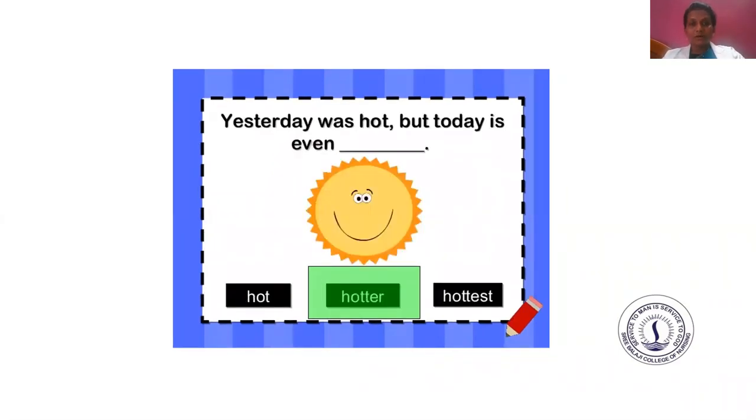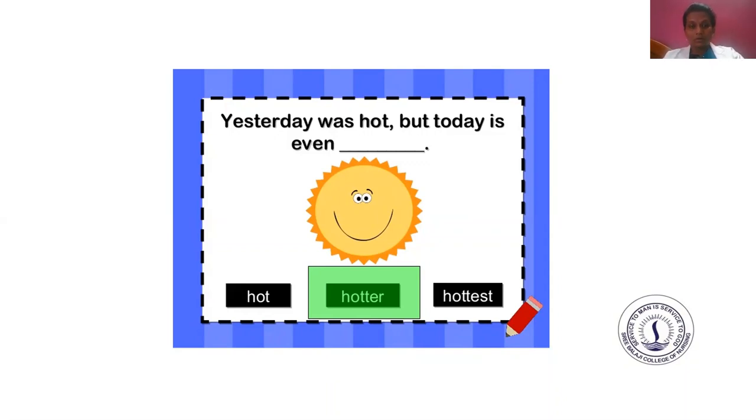Yesterday was hot, but today is even hotter. You are comparing two nouns again. You are comparing yesterday with today. So yesterday was hot, but today is even hotter.